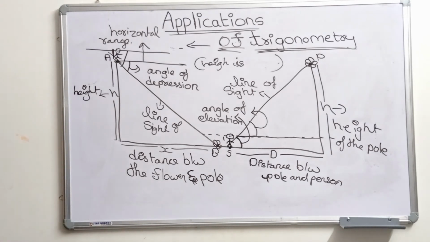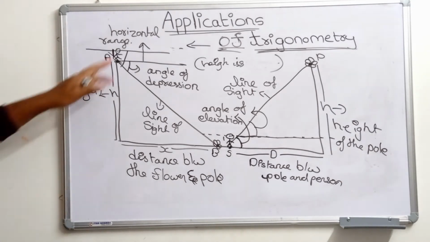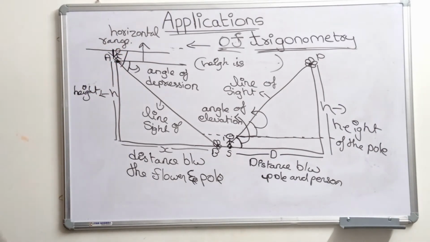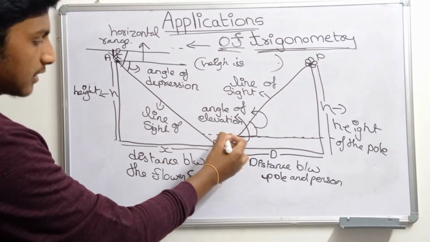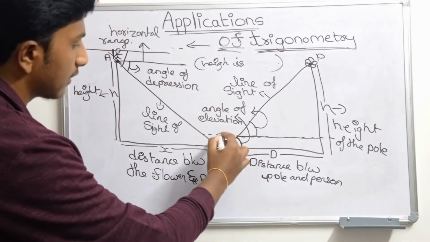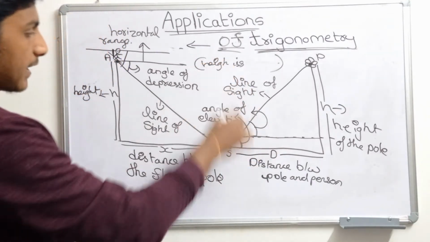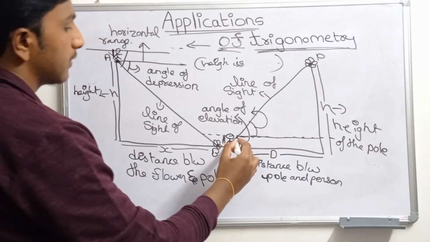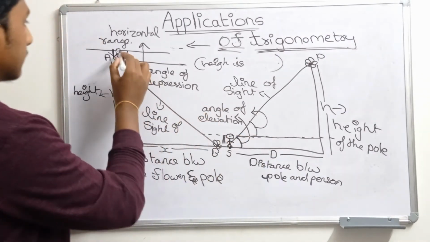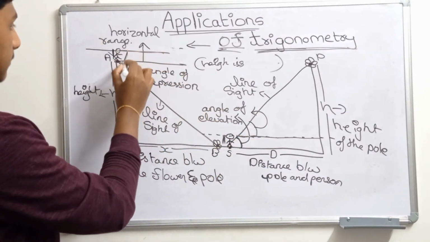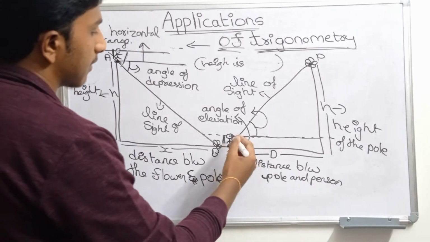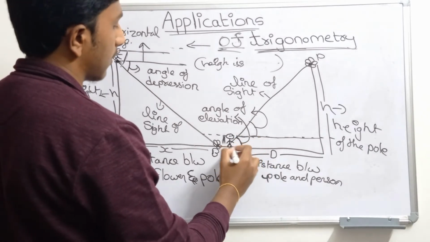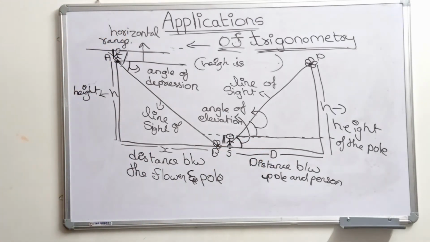Yeah, that's it. When the horizontal range is taken here, you can get more clarity. When the height is not neglected, then it should be taken from the eye, like this. When the height is neglected, it can be taken from the bottom. That is really easy.